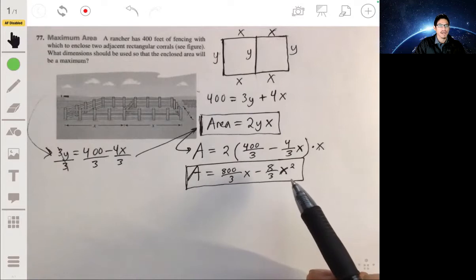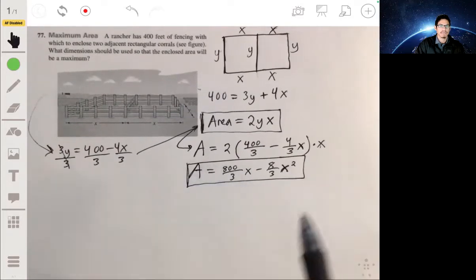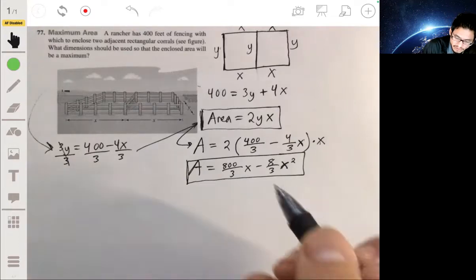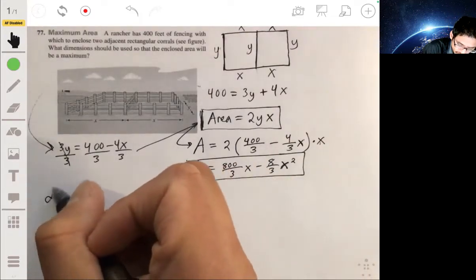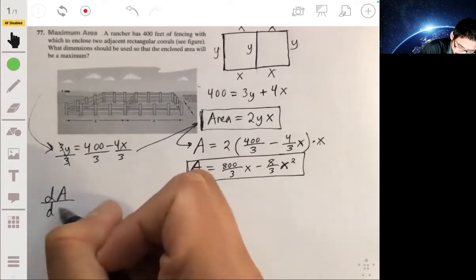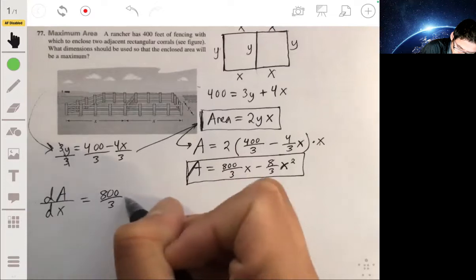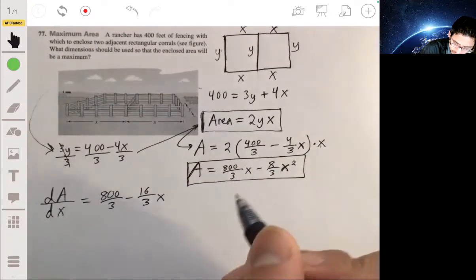So let's find the derivative of area with respect to x, find the critical values, and figure out what's going on at those critical values. Those critical values will give you a maximum. So let's find the derivative of area with respect to x. It's simply 800/3 minus 16/3 x.